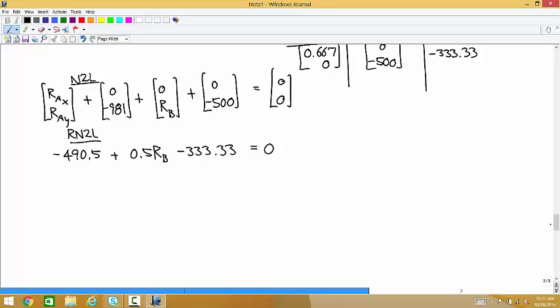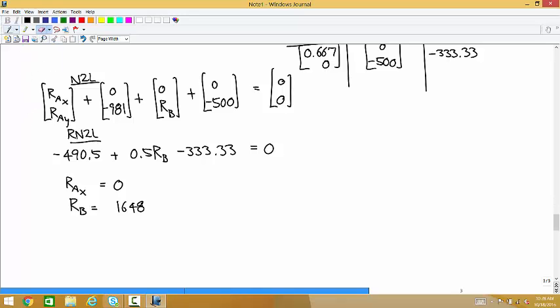So we know RAx is 0. RB, can someone tell me what that is? 1648 positive.